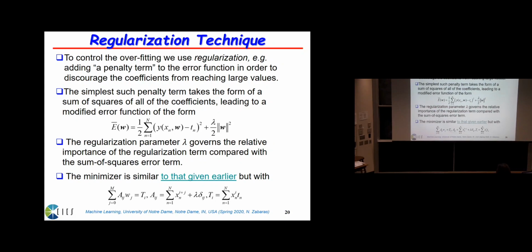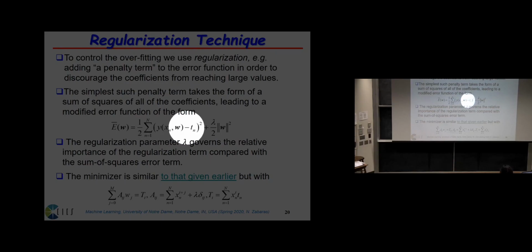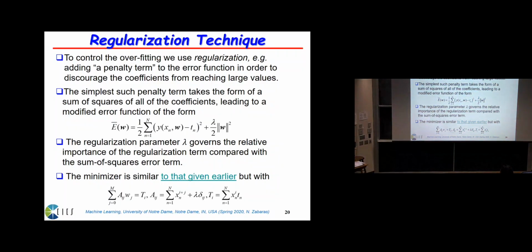Okay, so before we go to statistics, how do you actually control the complexity of the model? Up to now, the least squares problem was minimizing this square error. And we mentioned that if you use m equal to 9, the coefficients become very big, plus and minus signs, very big numbers.